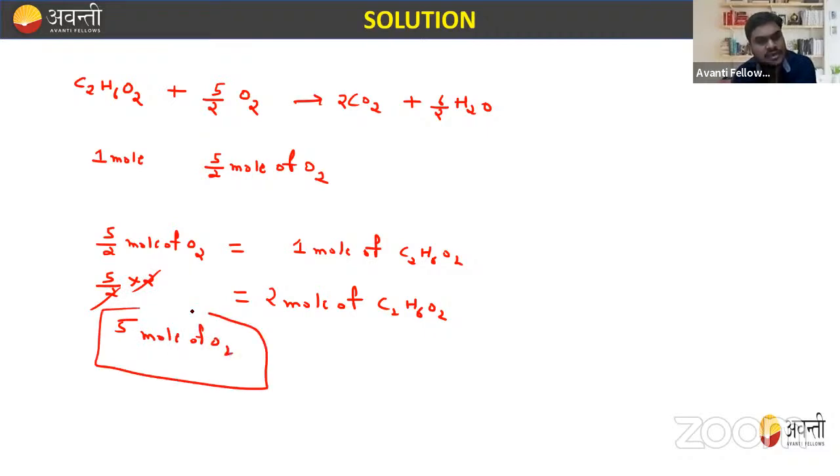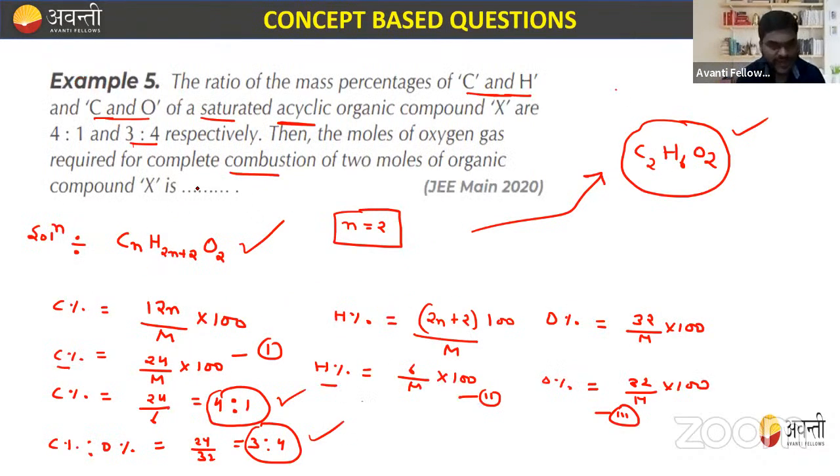So this is the correct answer for this question. 2 moles of C2H6O2 require 5 moles of O2. So the correct option is 5 moles of O2. I hope this is clear to you. How we calculate this. Is everything clear to everyone? Did everyone understand?